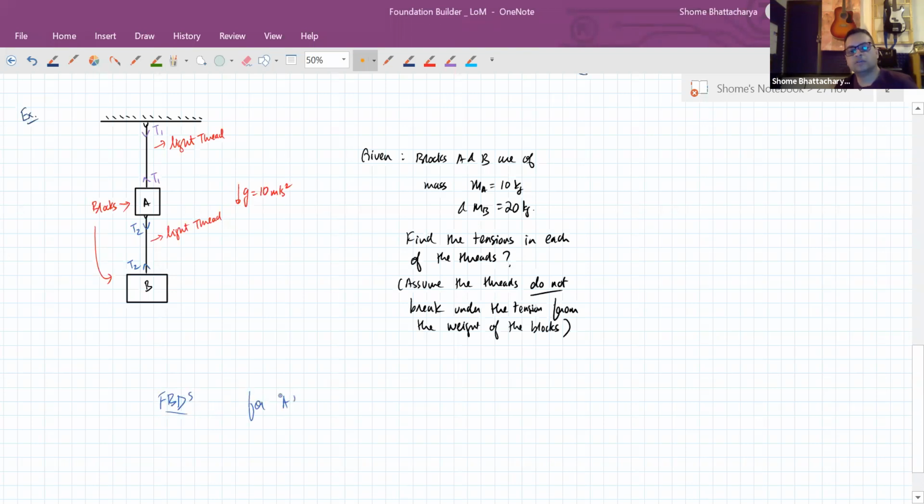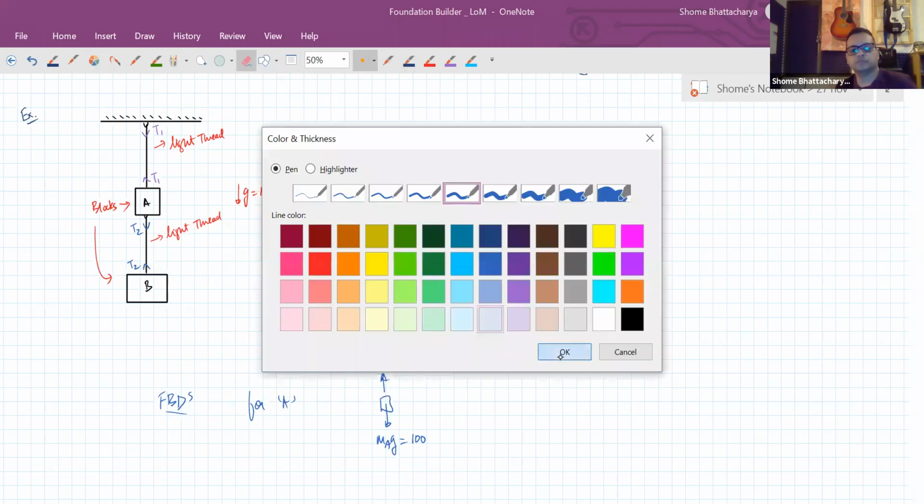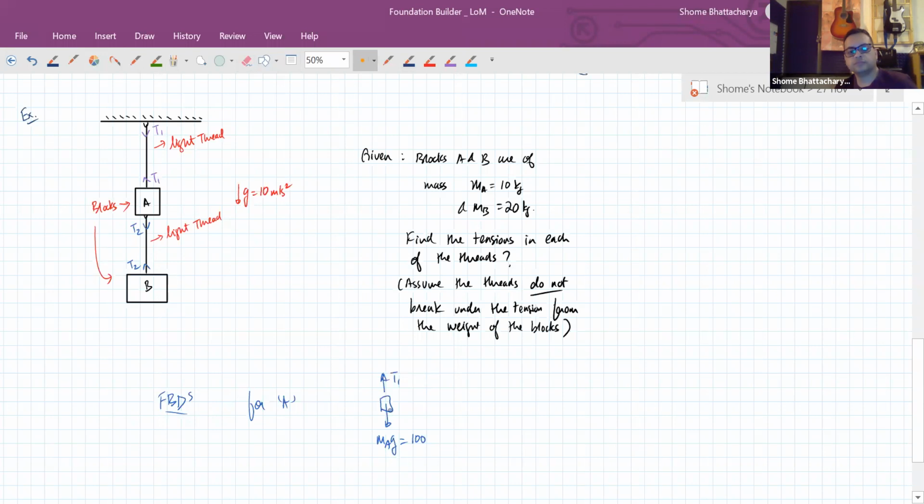See what is happening when I look at the free body diagrams. For A, the free body diagram is like this. There is weight, which is 100 newtons. There is some tension T1 in the upper string, which I don't know how much it is. And there is also tension T2 pulling it downwards, and its acceleration is zero because it is at rest.